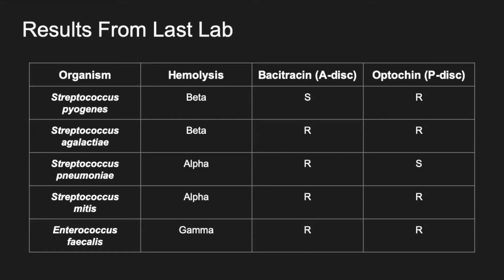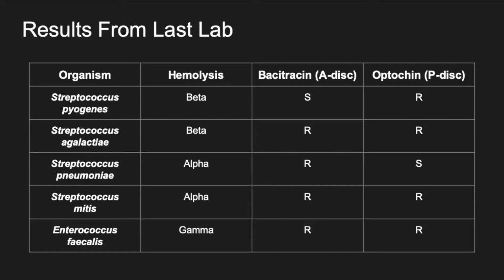Remember that, it's very important that you remember that beta is the complete destruction of those red blood cells on that blood agar. It's sensitive to bacitracin or the A disc, and it is resistant to optochin or the P disc. So keep in mind while we're going through these results what sensitive and resistant mean. What does that look like on a plate?